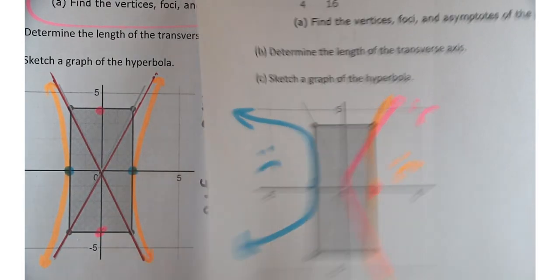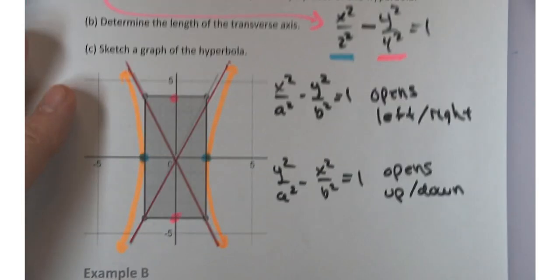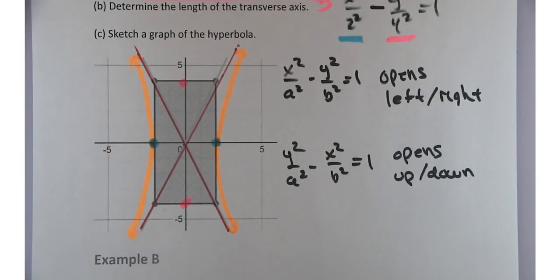Now this is another conic section. And kind of like ellipses and parabolas, it's going to have foci. Foci, of course, is the plural of focus. So where are we going to find the foci?